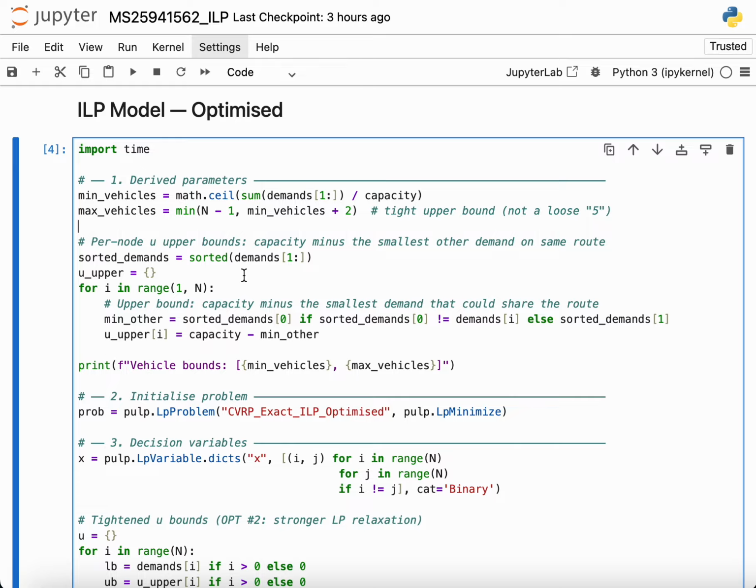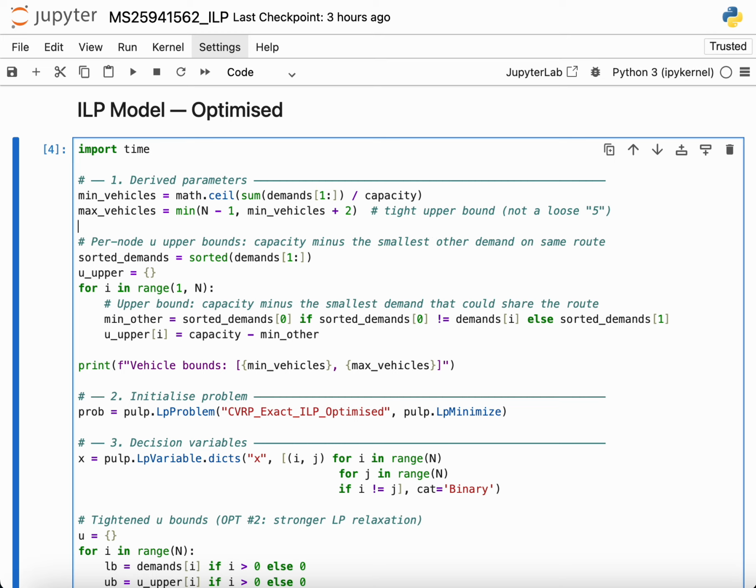So I implemented logic allowing the depot to send out up to 5 vehicles. Every customer node must be visited exactly once, but the depot can have multiple departures to satisfy the total demand.